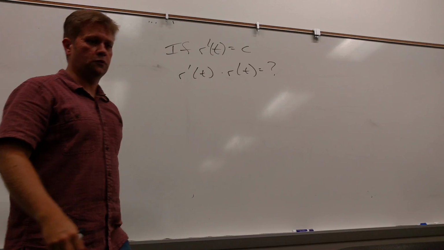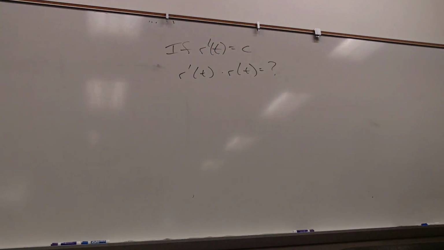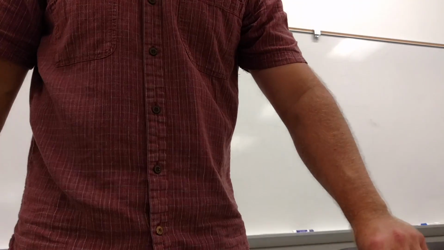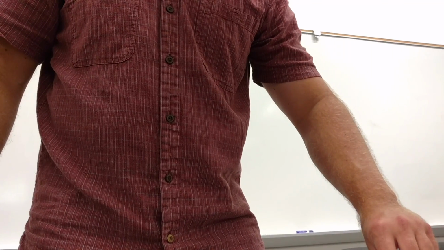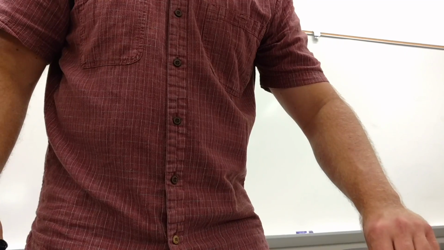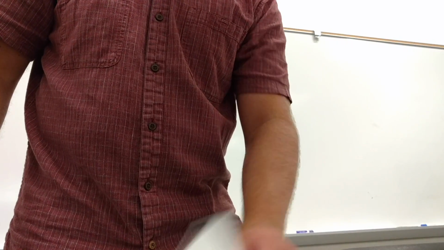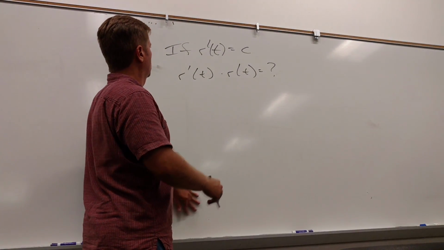Yeah. What would this be? Yes. And just to give you a little hint, let's see on page... Where are you? You can't dot product it, right? Dot product requires two vectors.